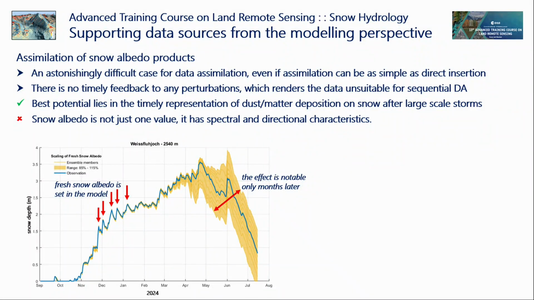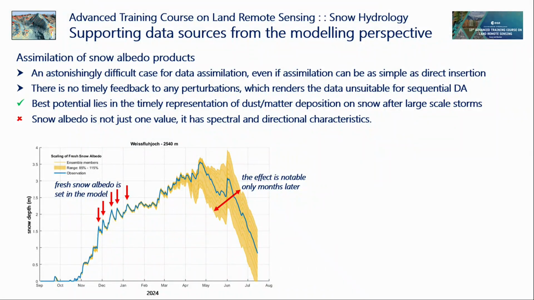The reason is that this new snow albedo is determining how much energy the snowpack takes every single hour during the day. It will cause the ripening, or the point where the snow becomes isothermal, to be a little bit faster or a little bit slower, and it can actually make the difference between it starting in April and it starting in June.